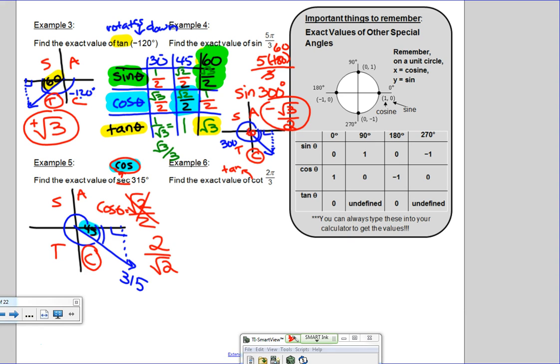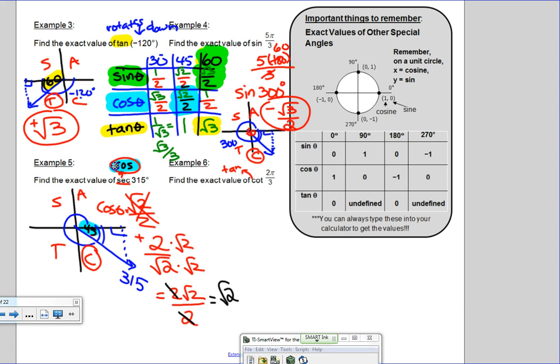Cosine then is going to be positive, so this will be positive. That is the answer, but we just have to rationalize it by multiplying the radical 2 out. And then you're going to get 2 radical 2 on the numerator, and then 2 on the denominator. And then this actually reduces. Those 2 cancel out, and you're left with radical 2.